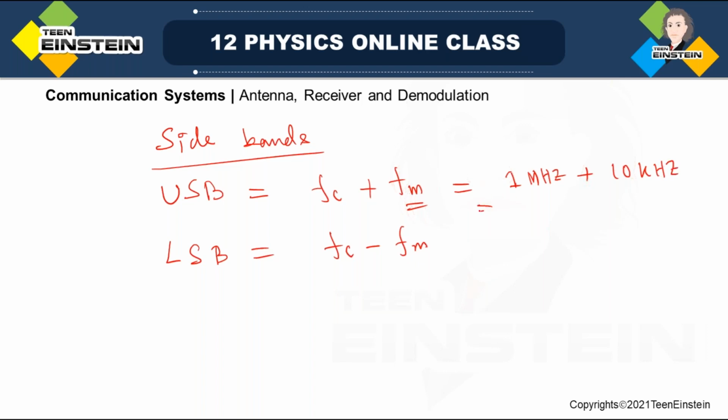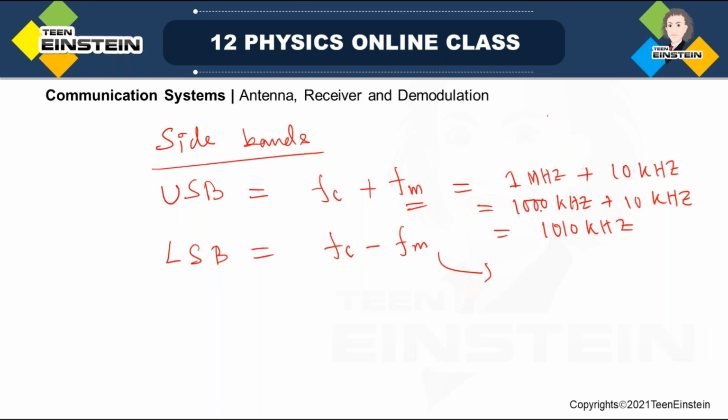We will convert both into kilohertz, so here it will be 1000 kilohertz plus 10 kilohertz. So it is actually 1010 kilohertz.